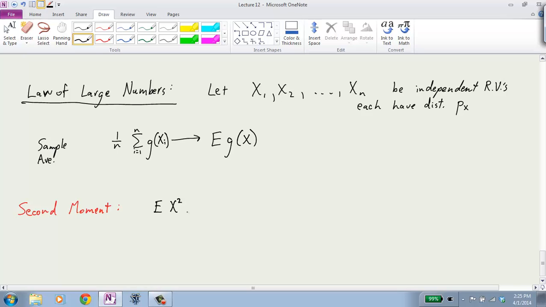If we apply the law of large numbers, then if we have a sequence of numbers, the law of large numbers says that the average of the square value of x_i is going to converge to the second moment.